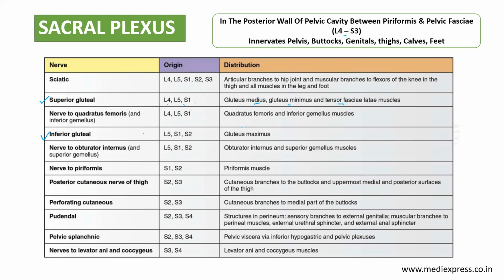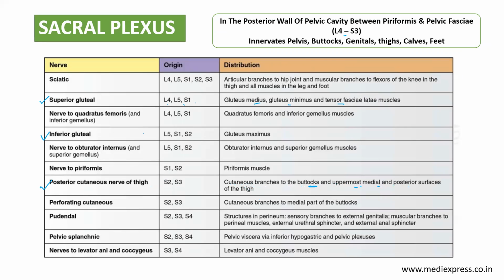And now, coming to the posterior cutaneous nerve of the thigh, also called the posterior femoral cutaneous nerve. This also leaves via the greater sciatic foramen. It is a purely sensory nerve. This supplies the cutaneous branches to the buttocks and the uppermost medial and posterior surface of the thigh.